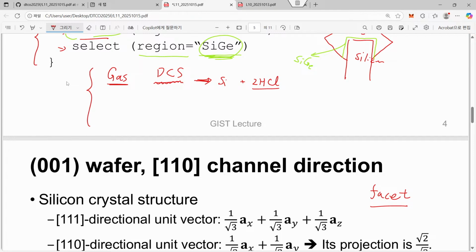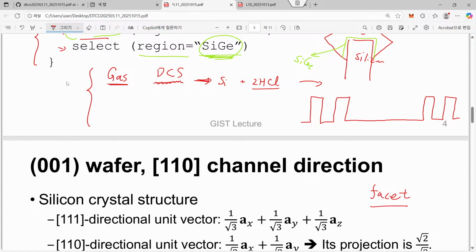But unfortunately, for example, let's think about this one. Now here we have certain fins, and let's say that there are also other fins, and now DCS gas comes in, and of course it is spread over all our wafer surface.